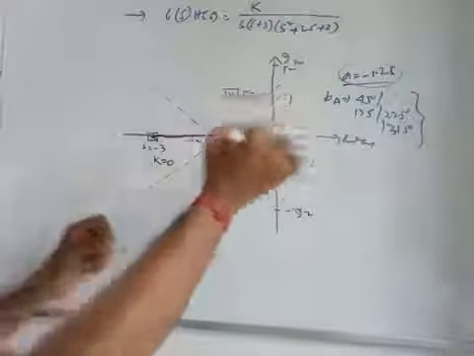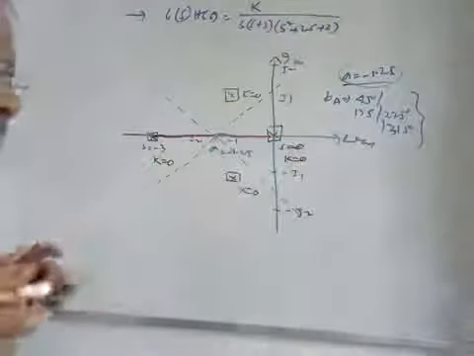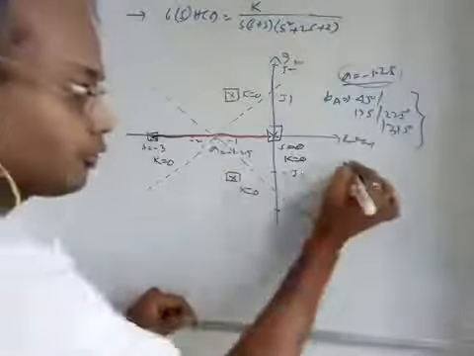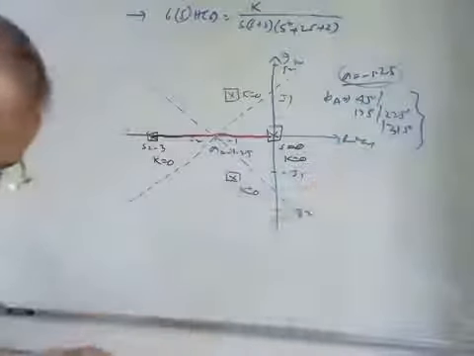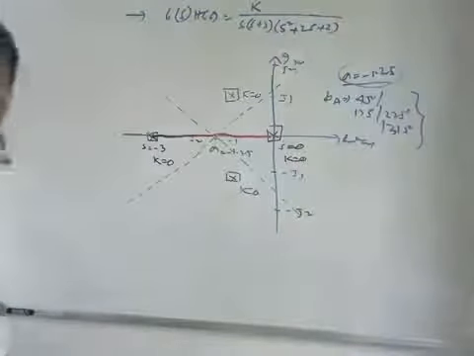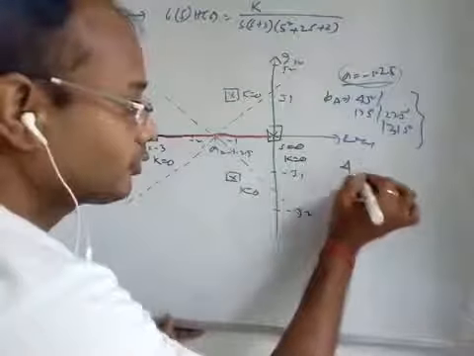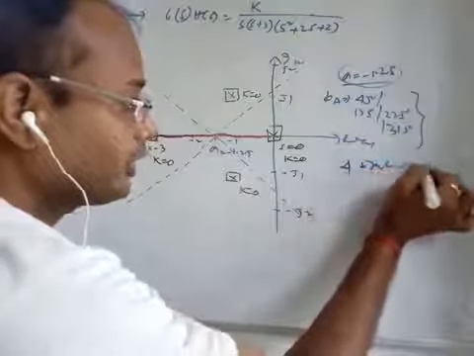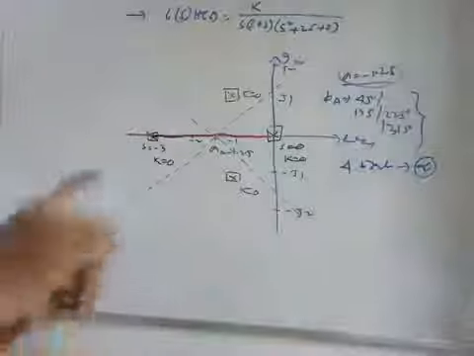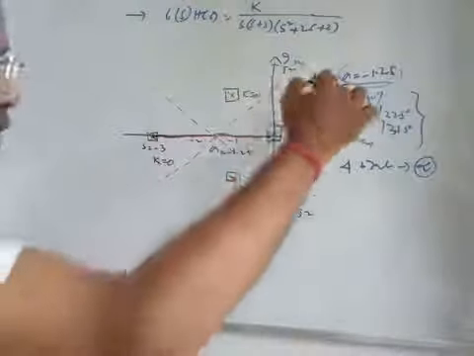Four poles, four asymptotes, four branches, and four branches will terminate at infinity. So four branches go to infinity along the asymptotes, right? Along the four angles we have done.